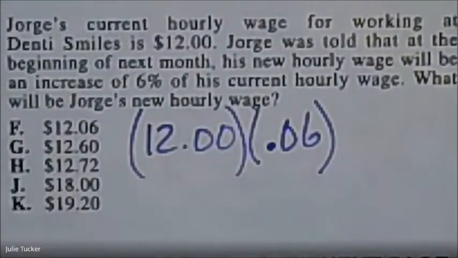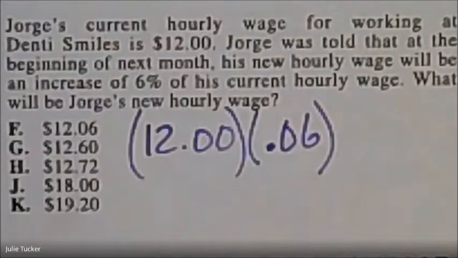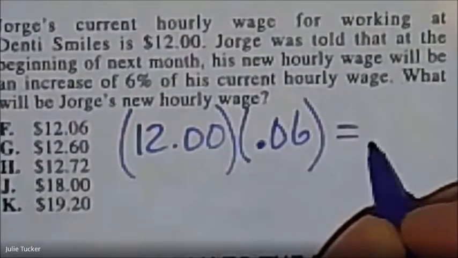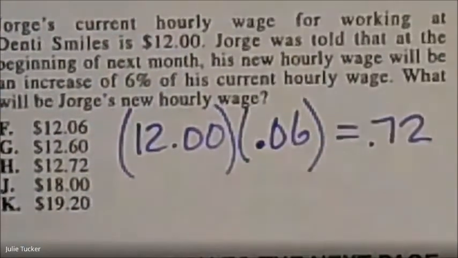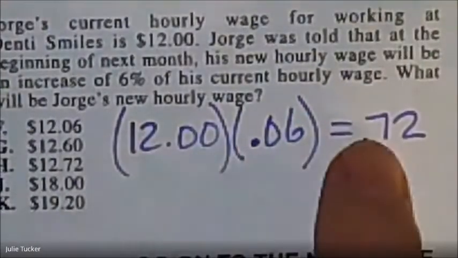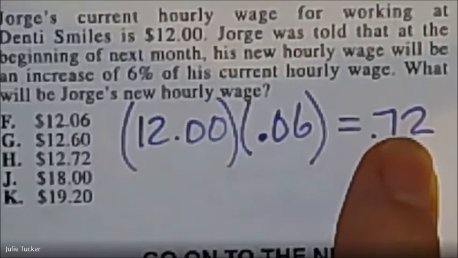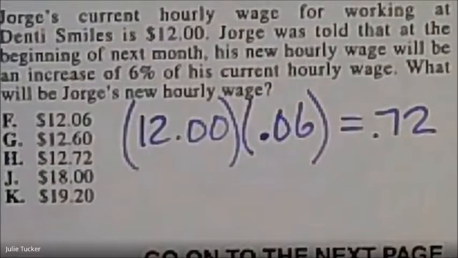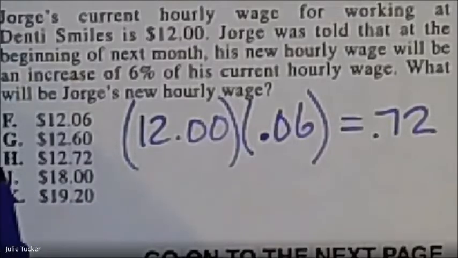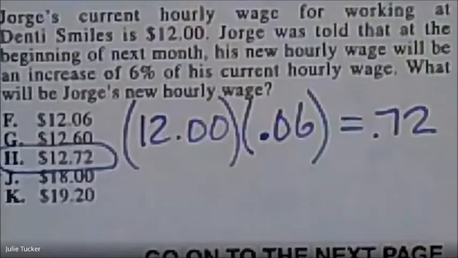So then that will give you 0.72. So this is just the increase amount. Which one of the answers shows you the right answer? H. Got you. Good job.